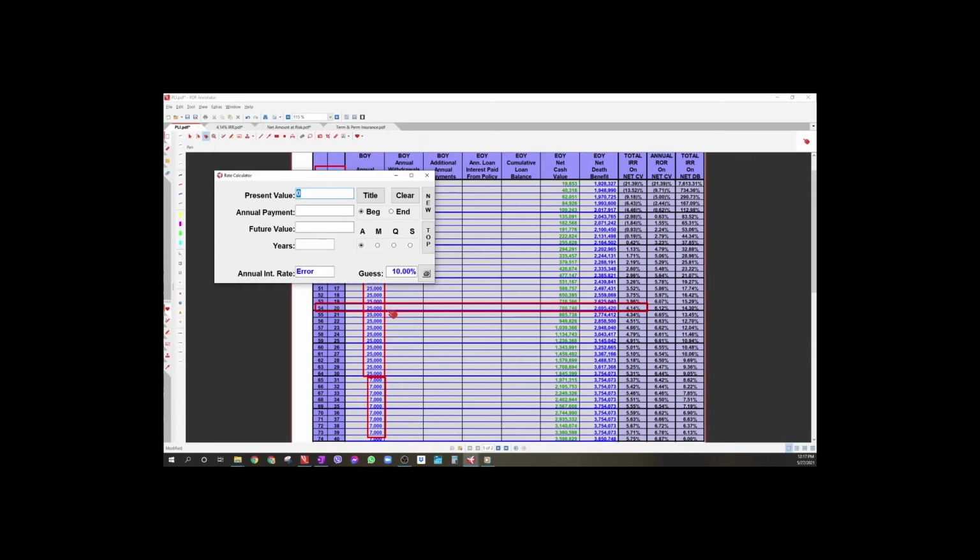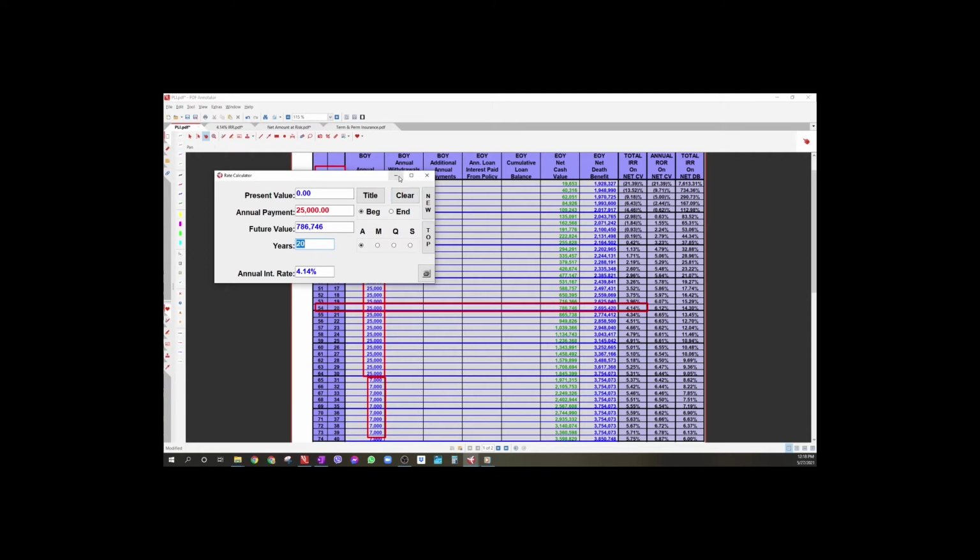Let's check the numbers in our rate calculator. We take the annual payment of $25,000. The future value at that point was this number, $786,746. That was over a 20-year time frame. And there you go, 4.14%.